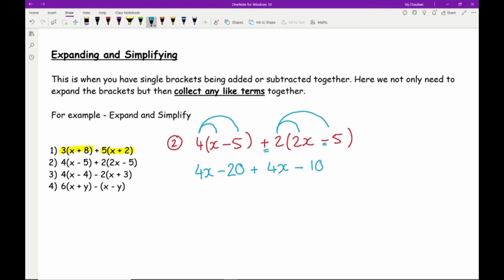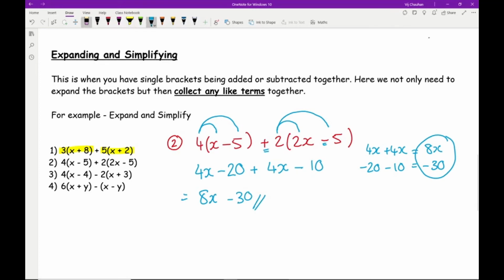And then from this, what I've then got to do is 4x plus 4x minus 20 minus 10. If I work those two things out separately, it's like an alternate way of doing it. So 4x plus 4x is 8x, minus 20 minus 10 is minus 30. So if I combine those two things together, I get 8x minus 30, and there is my final answer.